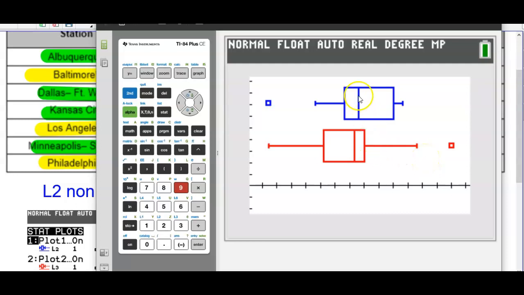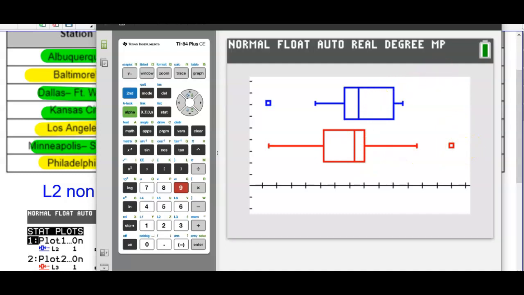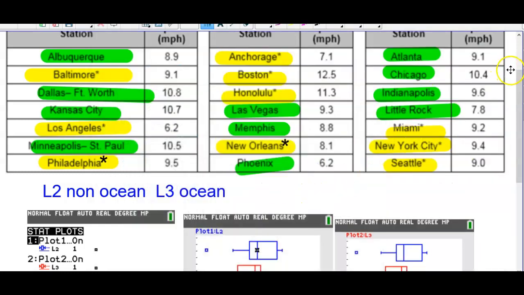Okay. Now you will notice the median for both is very close. Even with the outliers, it's kind of hard to tell much significant difference.